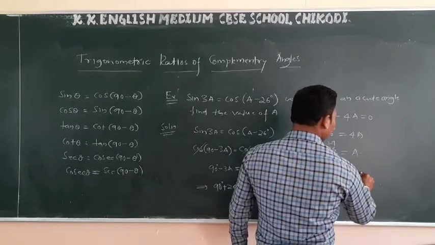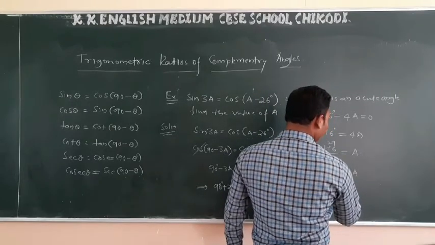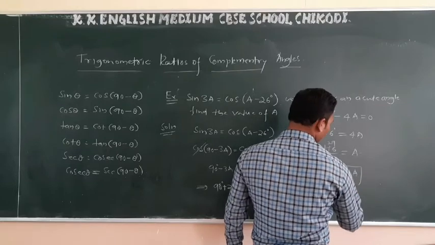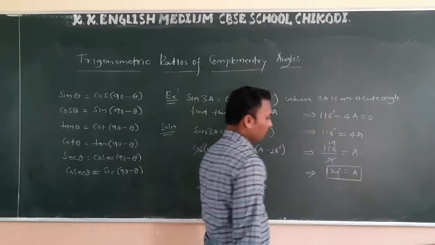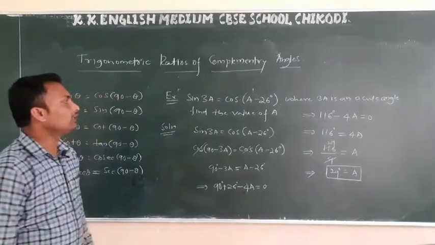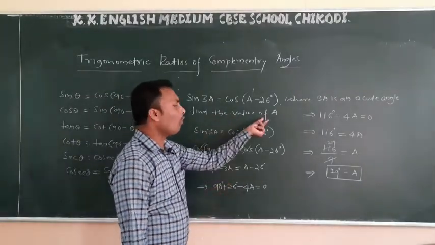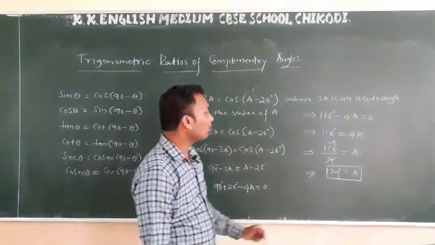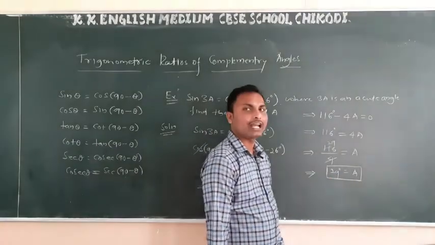So we can say A is equal to 29 degree. So what we got as the answer here, find the value of A: the value of A is 29 degree.